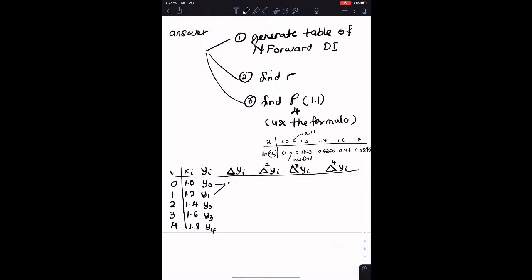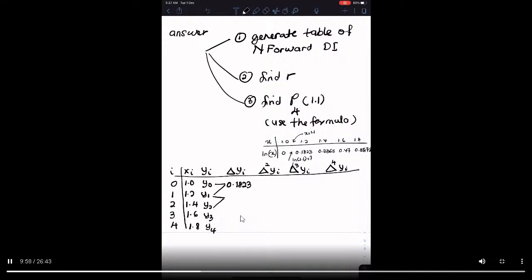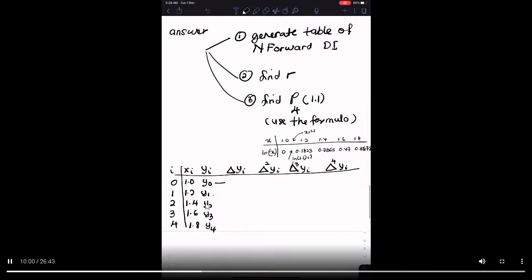Same as Newton divided, you subtract: y1 minus y naught is 0.1823, y2 minus y1 is 0.3365 minus 0.1823.